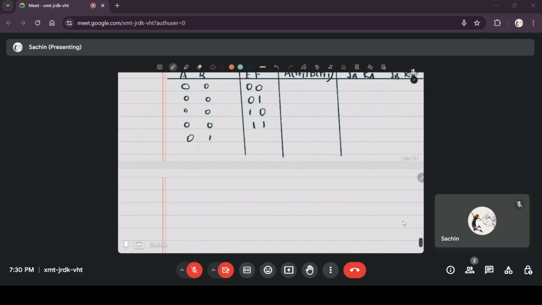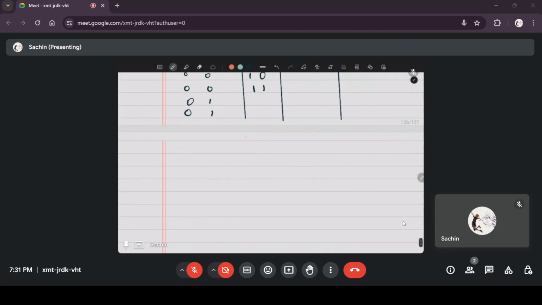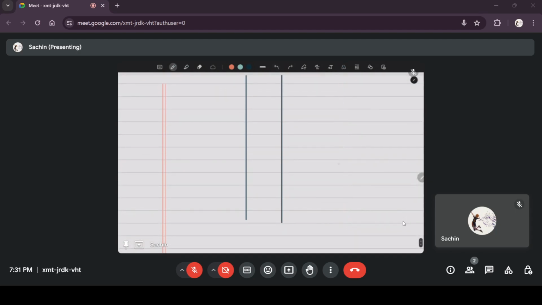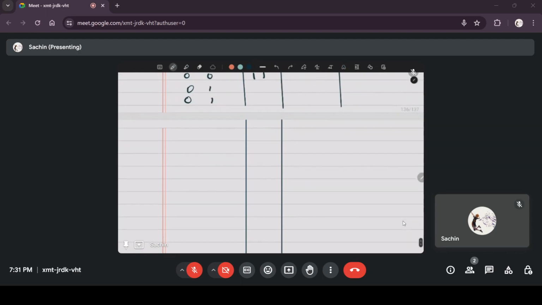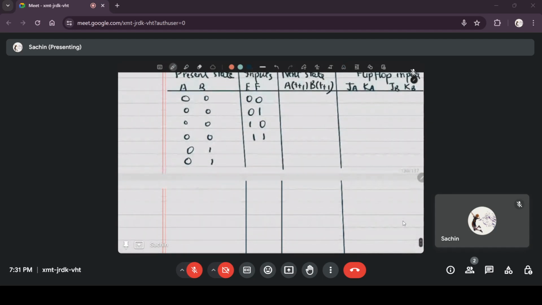Similarly, present state can be 0 1, and the inputs can be 0 0, 0 1, 1 0, 1 1.